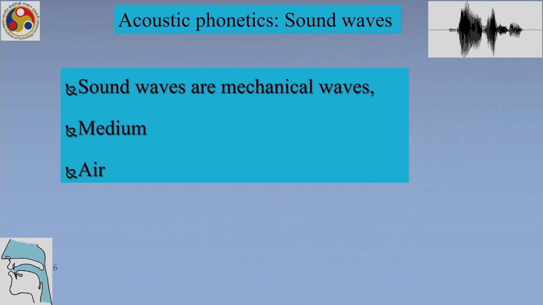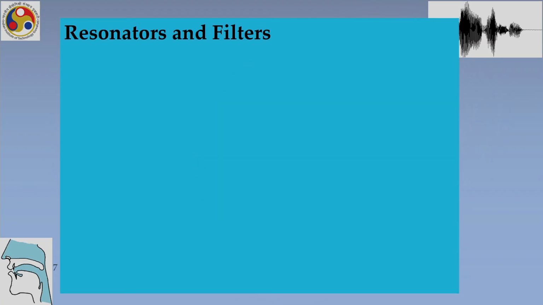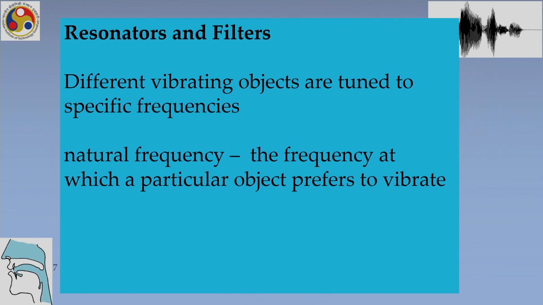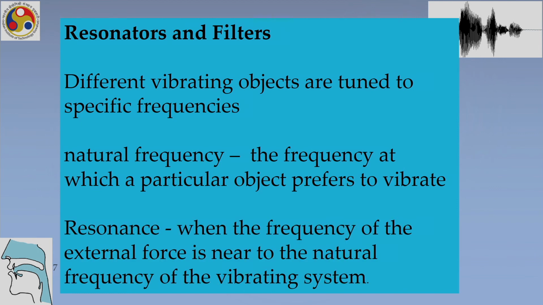Towards the end of the last lecture, we saw how resonators and filters play a role in sounds. We saw that different vibrating objects are tuned to different specific frequencies, and each object might have its own natural frequency, the frequency at which a particular object prefers to vibrate, and that may be different from object to object.